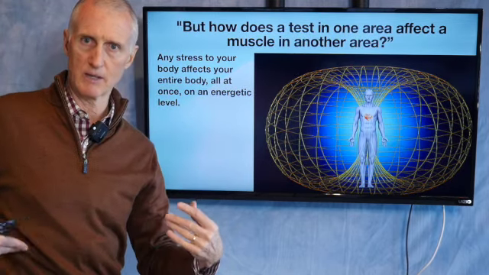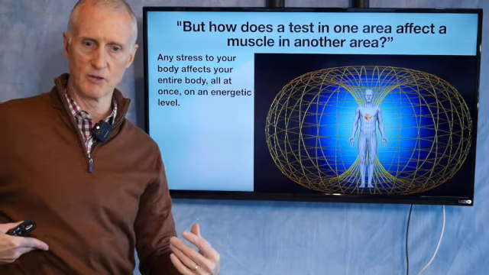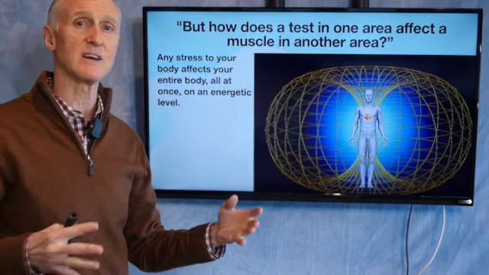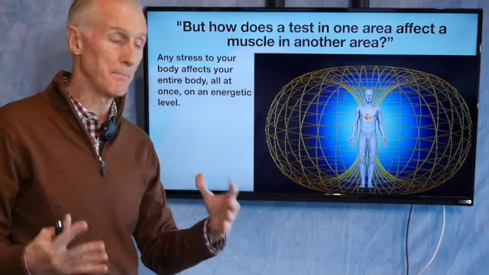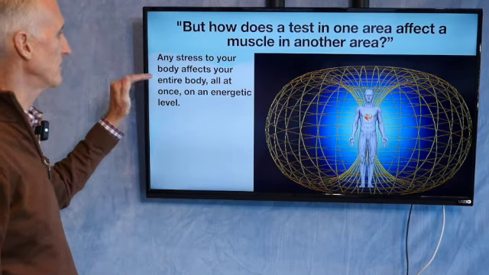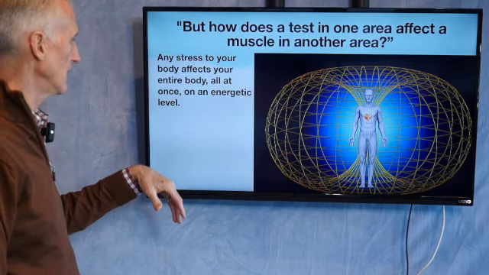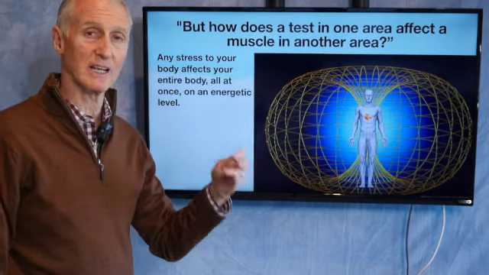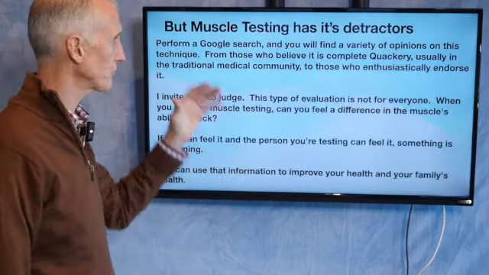How does a test like, oh, I'm touching the liver acupuncture point, how does that affect this arm? Well, if it affects one area of the electromagnetic field, it affects the entire field at once and immediately. It's really an amazing system how it works. Any stress in the body, it affects your entire body, all at the same time on an energetic, electromagnetic level.